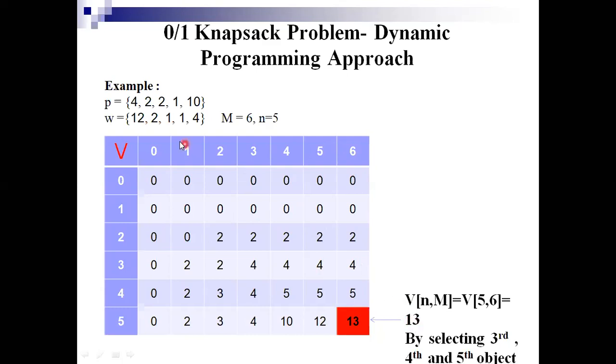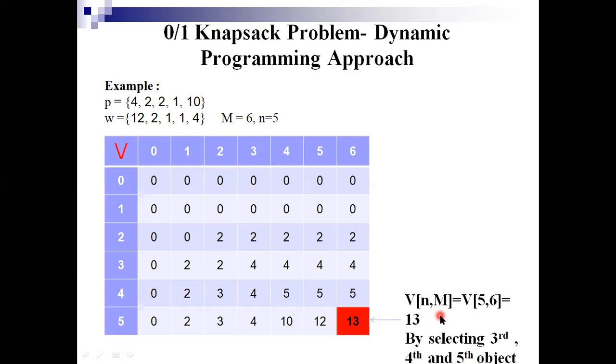And how do I get this 13? By selecting the third, the fourth and the fifth object, I now get 13 as my optimal profit.